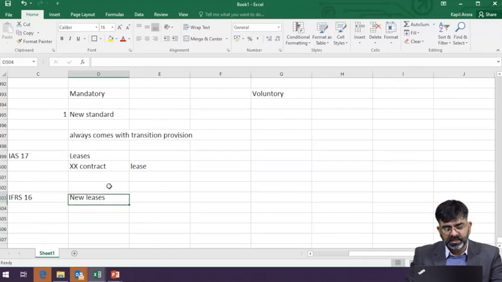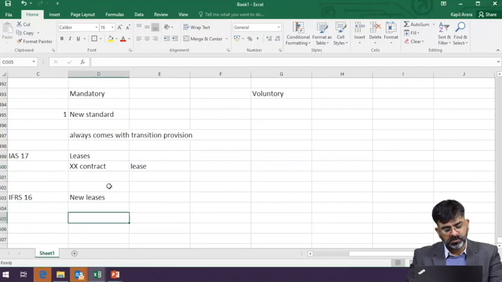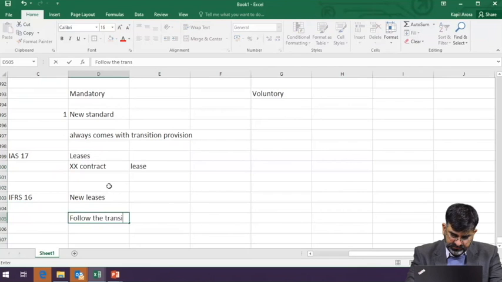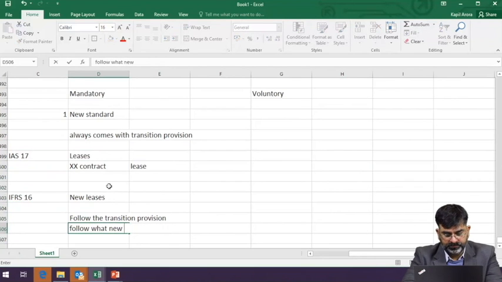Everything is guided by IFRS 16. It says follow the transition provision or follow what the new standard is saying.